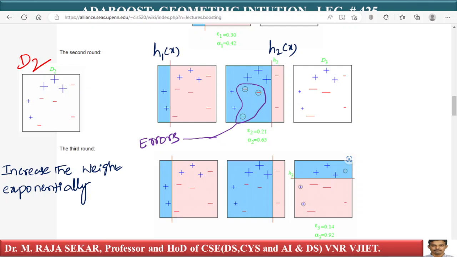Even for this model, based on these errors, I can calculate alpha 2. Let me say alpha 2 equals 0.65, isn't it?